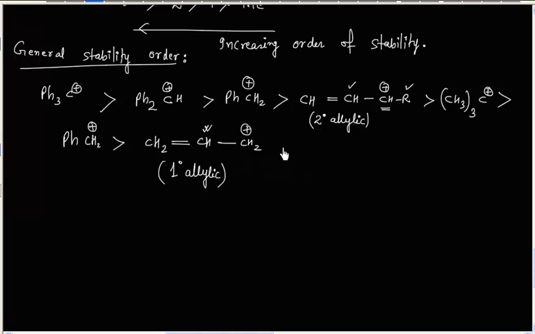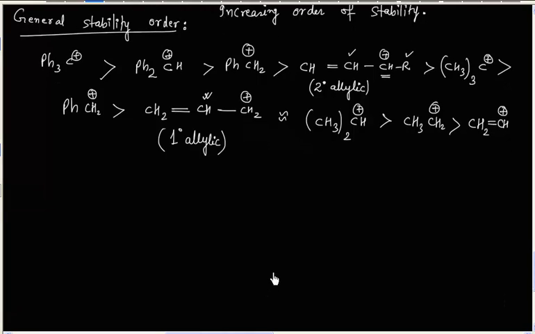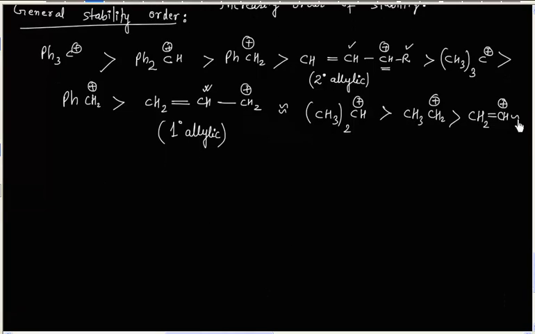And this carbocation is very similar to secondary carbocation. This is more than primary. And this is more than vinylic carbocation. And vinylic is very similar to phenylic carbocation.